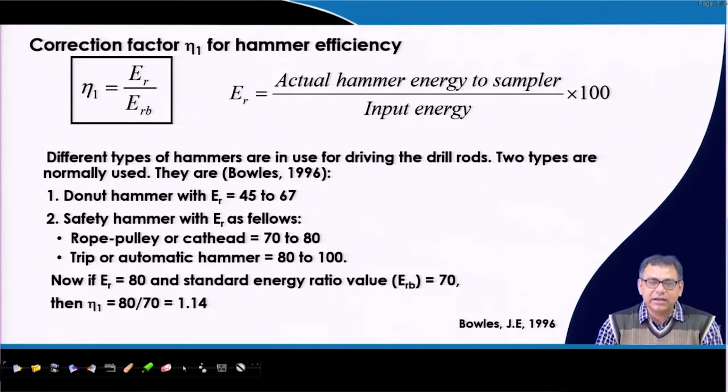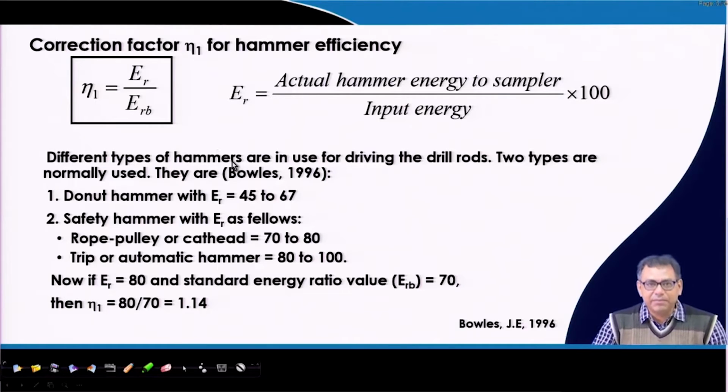But in the actual case there may be some energy loss, because everything may not be in proper shape. Okay? So, during the test the input energy and the actual energy that you are applying may not be the same. So, that ratio is ER, that means the actual energy that you are applying to the sampler and the input energy that you are supposed to apply. So, that is your ER.